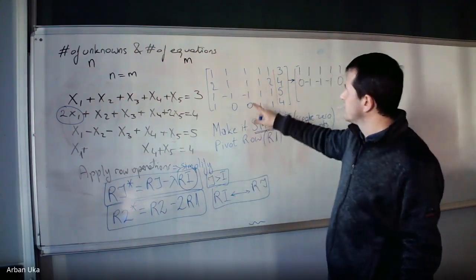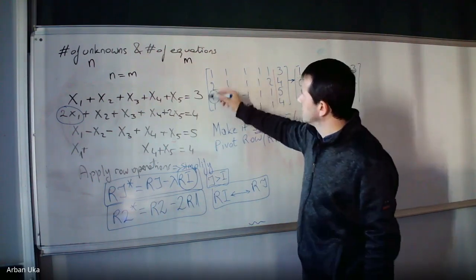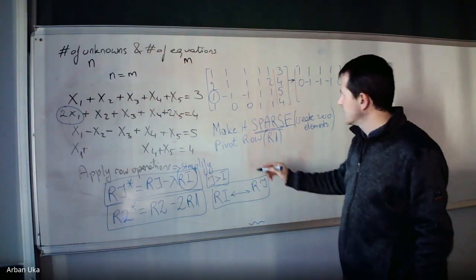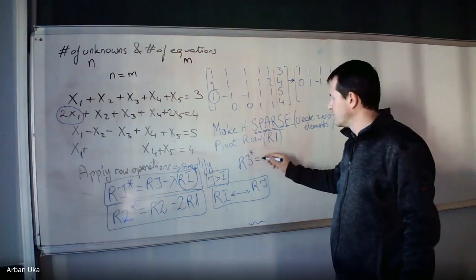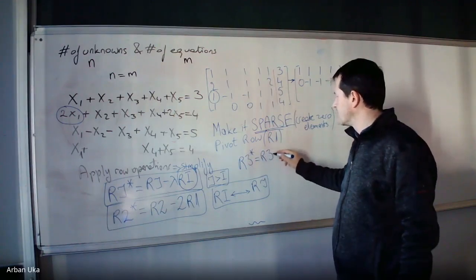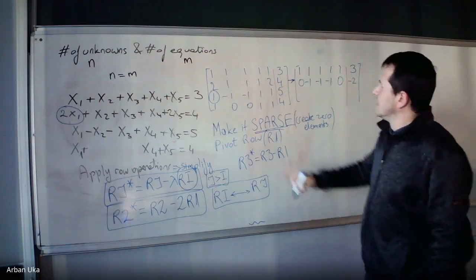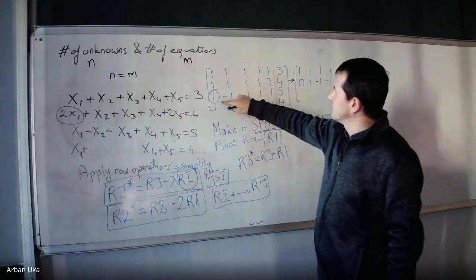Now, the next possible step is we can try to make this 0. How can we do that? We can say that row 3 star, the new value for row 3, can be written as row 3 minus row 1. So we subtract this expression from it.